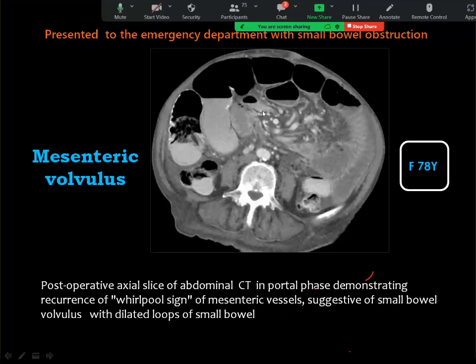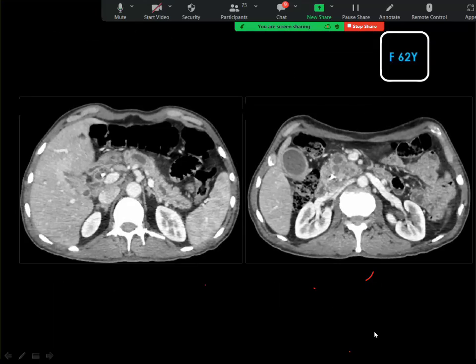If you look carefully at the root of the mesentery, you got the characteristic whorly appearance of the mesenteric vessels, then consequently you got some sort of intestinal obstruction with multiple air fluid levels in the small bowel. Next case is a female patient, 62 years old, presented by this pancreatic pathology.